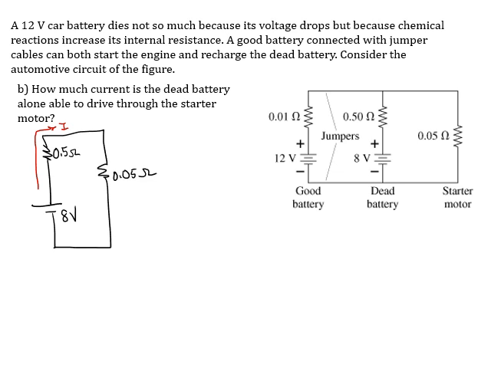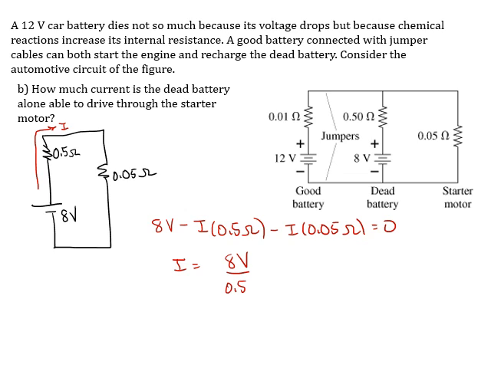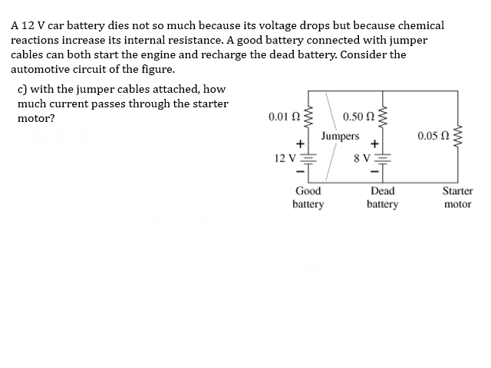We can write our loop rule. 8 volts minus the current times 0.5 ohms minus the current times 0.05 ohms gives us 0. So I is going to be 8 volts divided by 0.55 ohms equals 14.5 amps. That current is a lot smaller, and that's not going to be enough to start the starter motor.